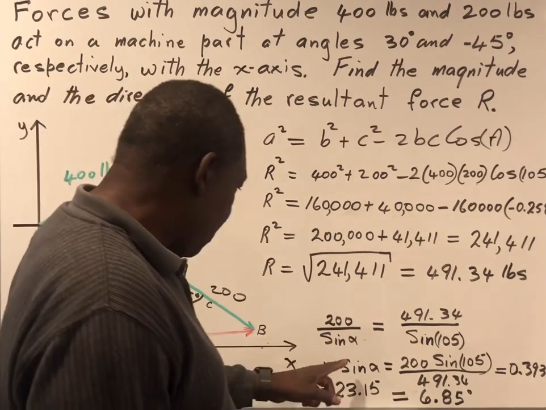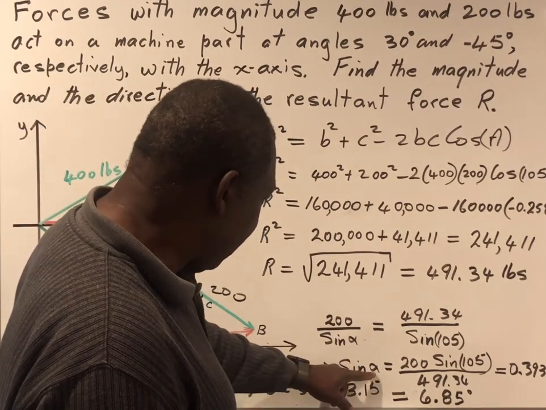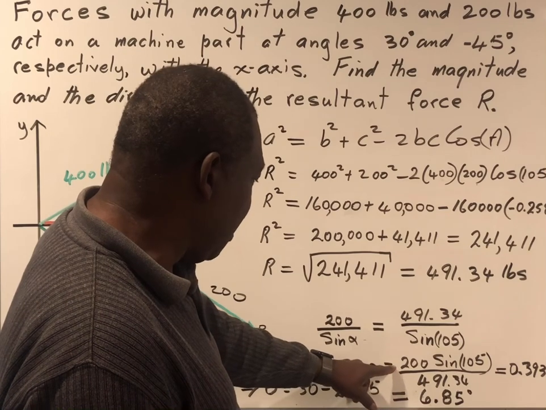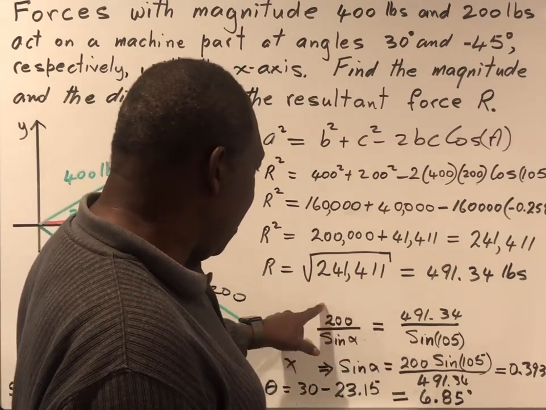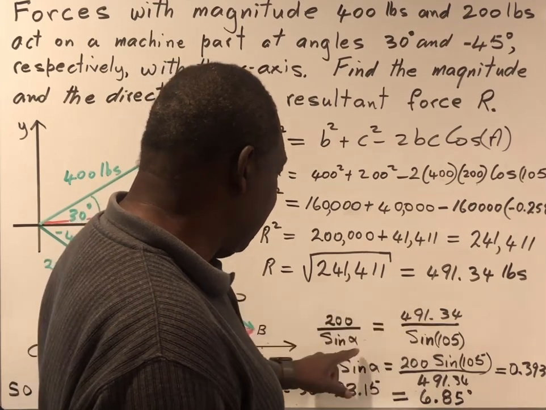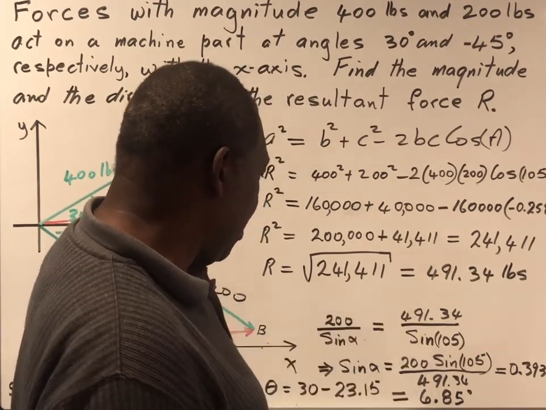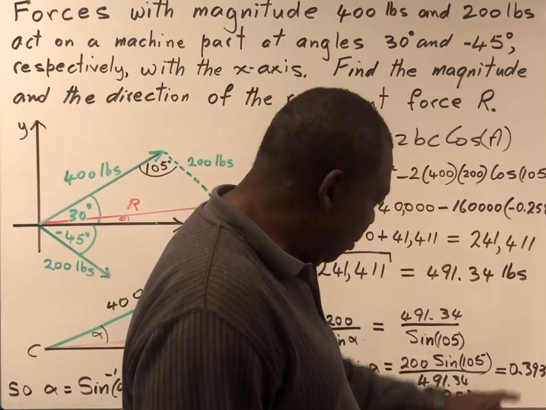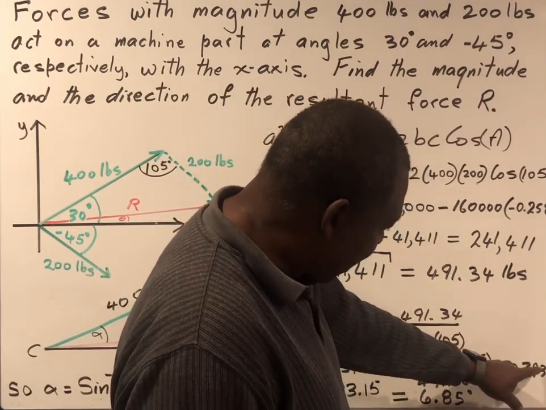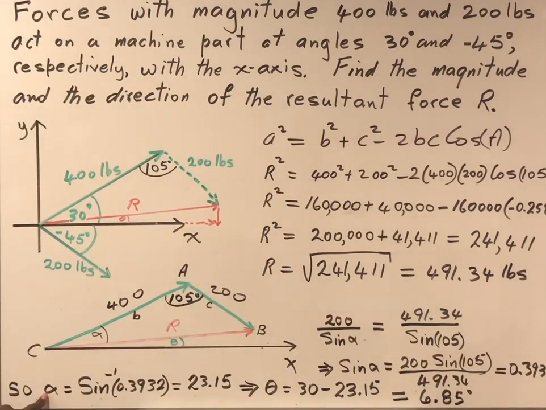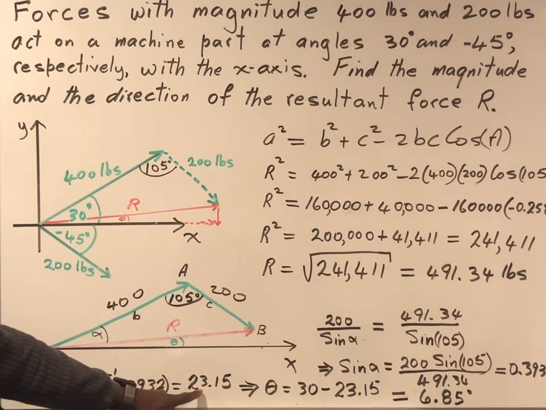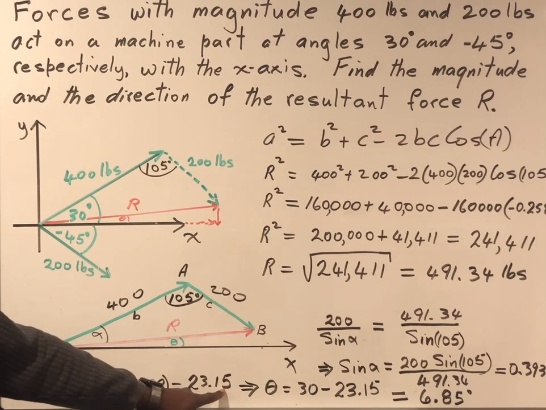So sine of the angle alpha comes out to be equal to 200 times the sine of 105 divided by 491.34, and that comes out to be 0.3932. And so alpha will now be equal to the inverse sine of 0.3932, and that gives me 23.15 degrees.